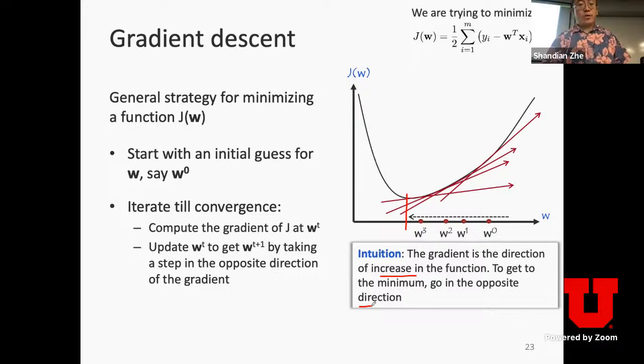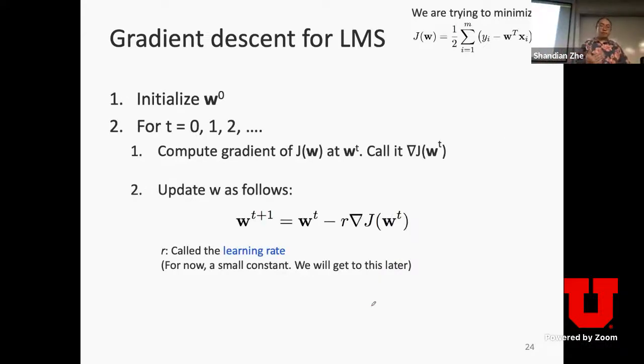Okay. Now we apply this updating rule to fulfill our least mean square regression. Here is the algorithm framework. Given our objective function, which is the summation of the squared loss, divided by 2 just for convenience, we initialize our weight vector w0 with arbitrary values.